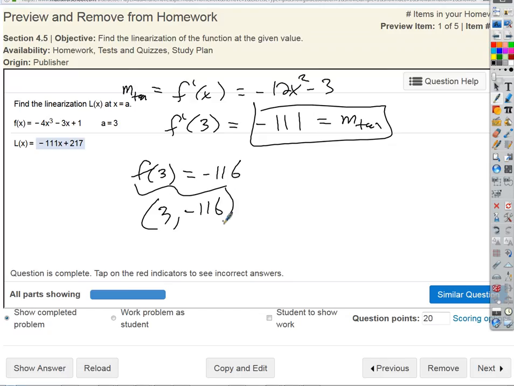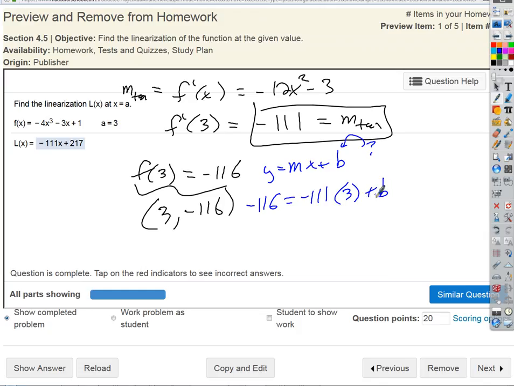So then all we've got to do is go back to algebra 1. y equals mx plus b. There's a value of x and y that work. We know m is negative 111. We've just got to figure out what b is. So we'll evaluate this function at the point that we know and solve for b. So we get negative 116 equals negative 111 times 3 plus b.